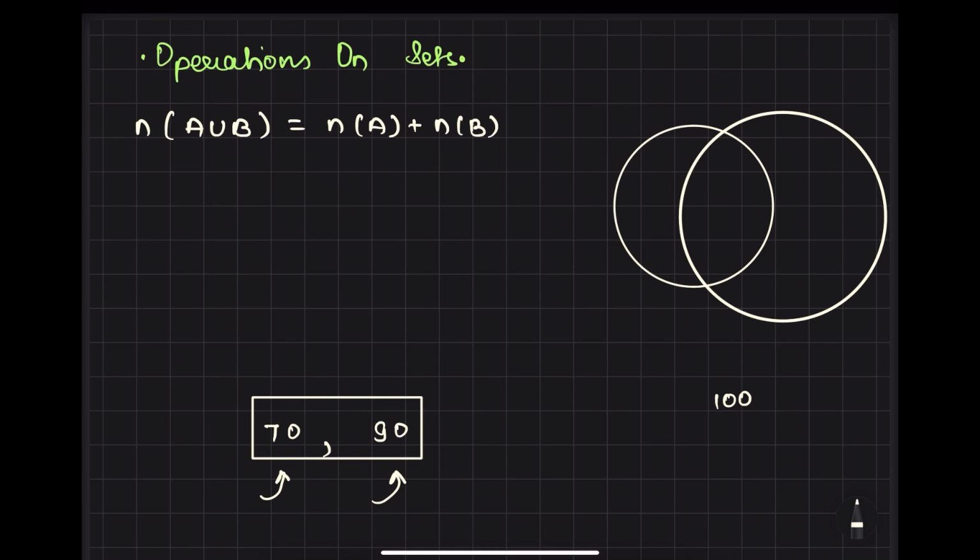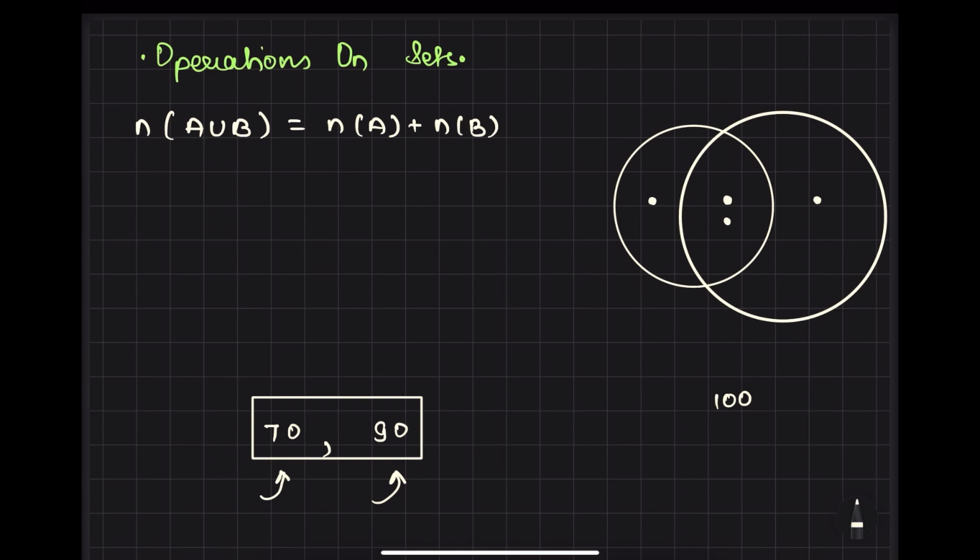But you know that this equation is not balanced. Why, sir? Because if you are writing n(A), you are talking about room number 1 and room number 2. And when you are writing n(B), you are talking about room 3 and again room 2. This means I am including room 2 twice.